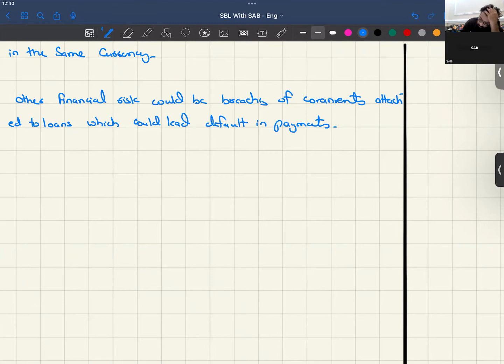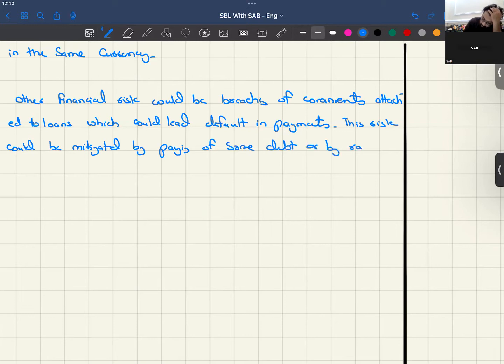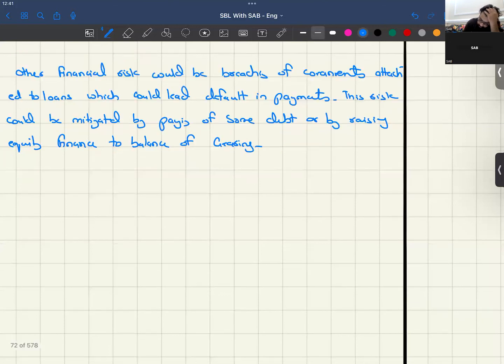This risk could be mitigated by paying off some debt or by raising equity finance to balance off gearing, right?